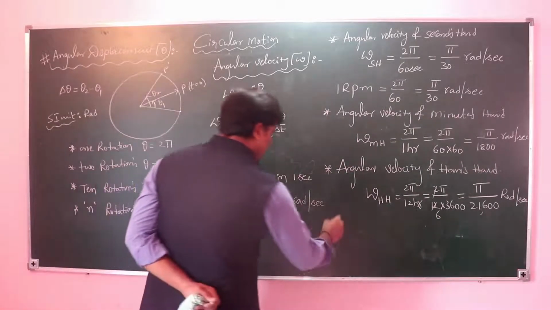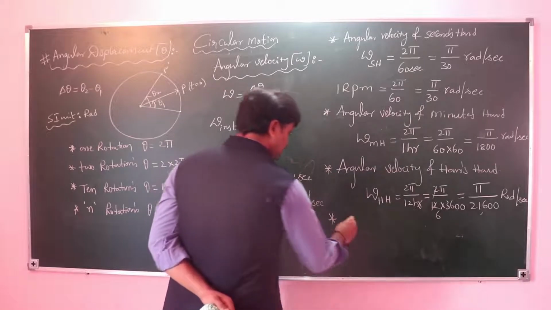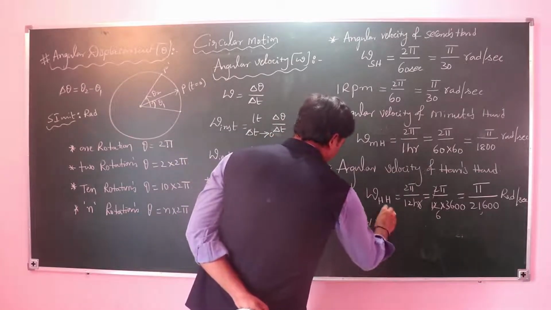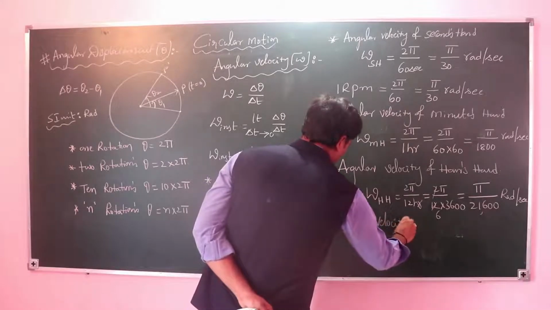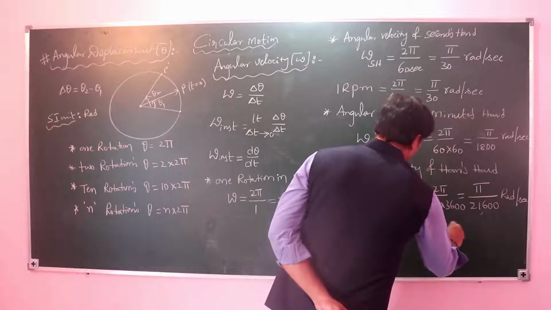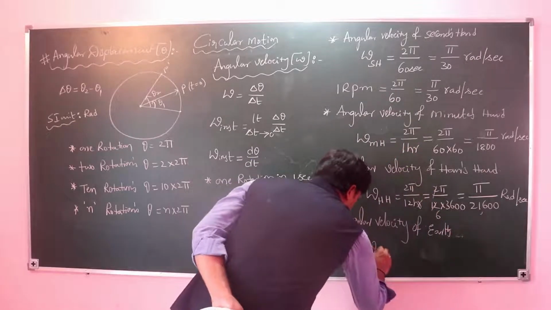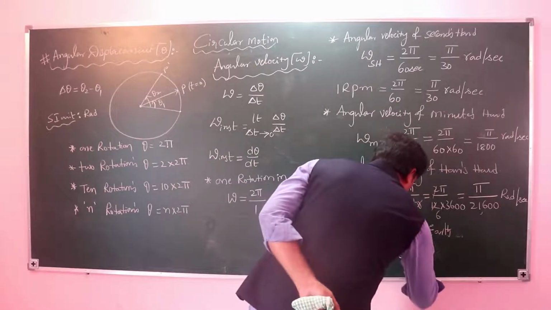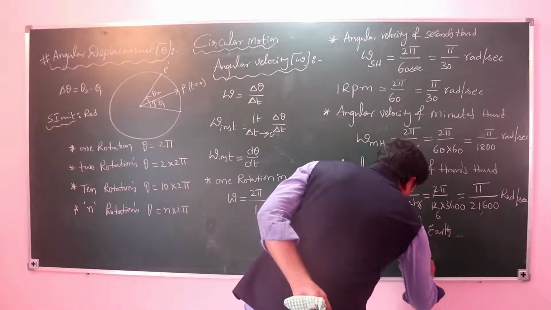And now the angular velocity of the Earth. For one rotation, the Earth takes 24 hours.